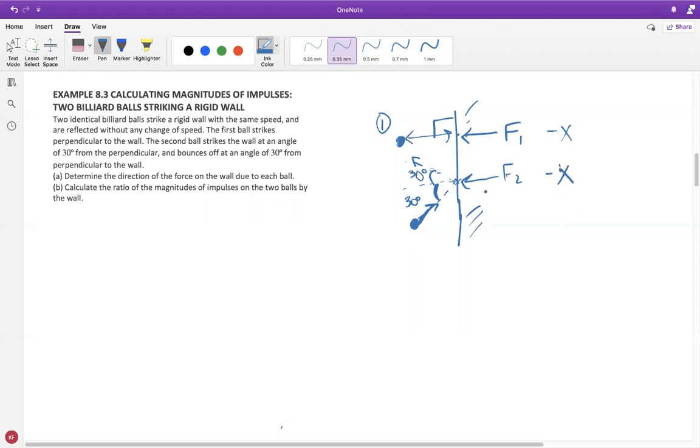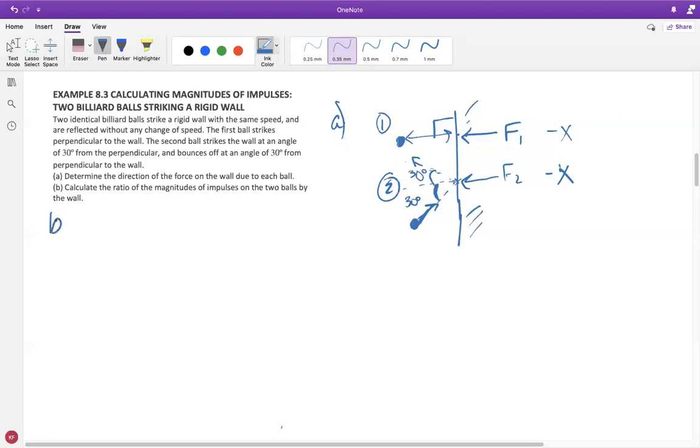It's still opposing in that direction, okay? So that is part A, okay? Now we want to calculate the ratio of the magnitudes of impulses on the two balls by the wall, okay?